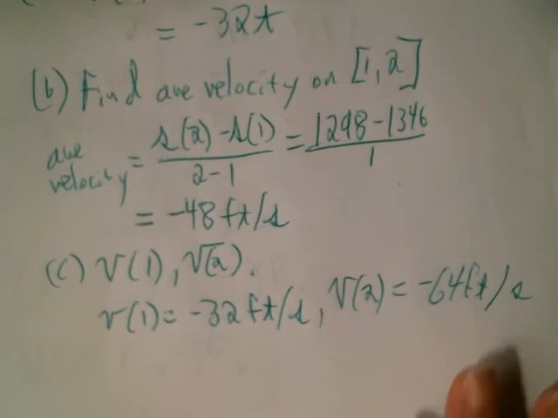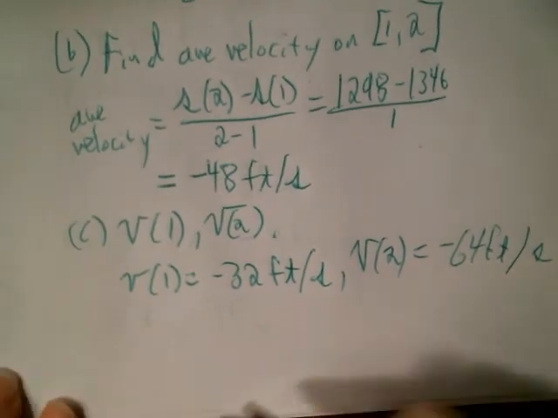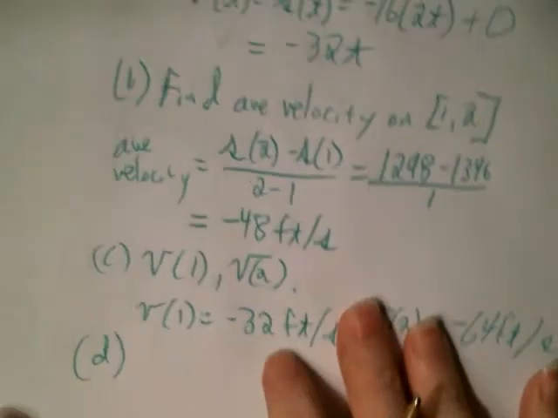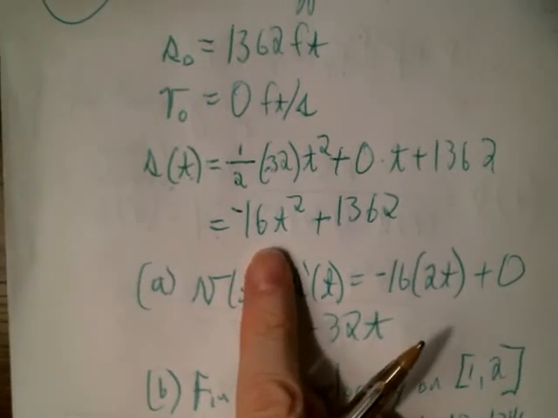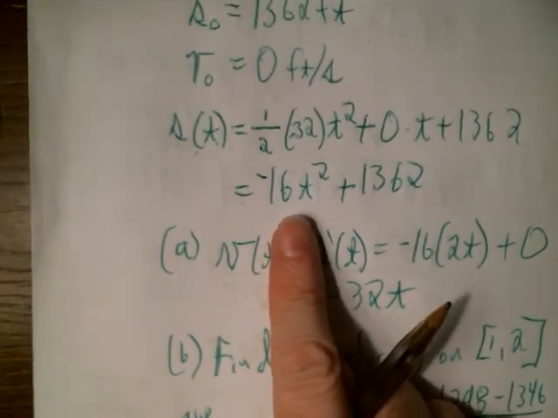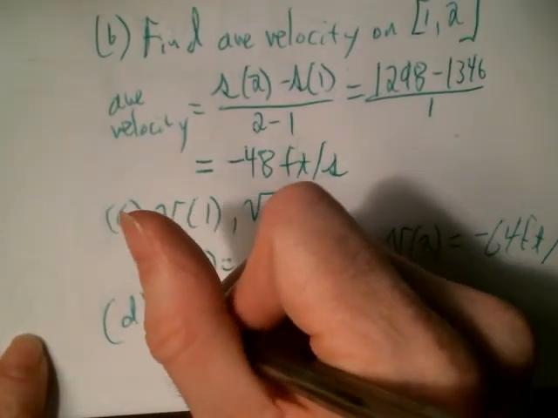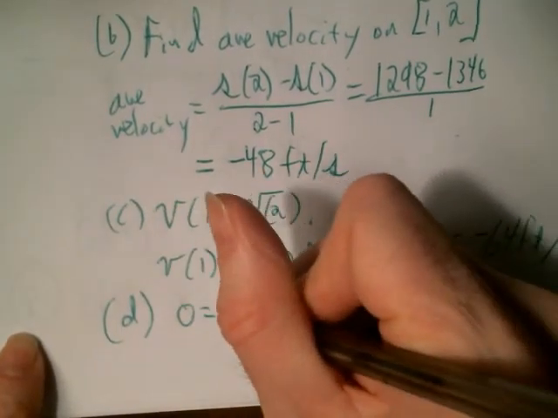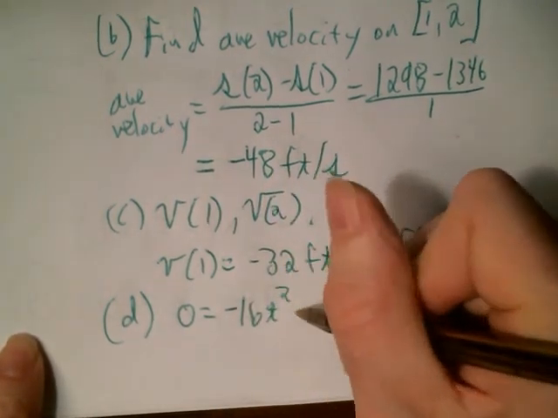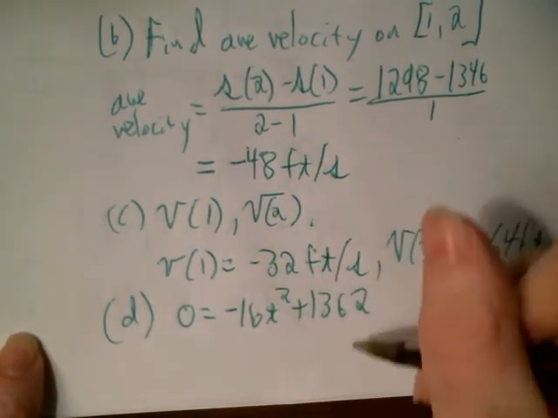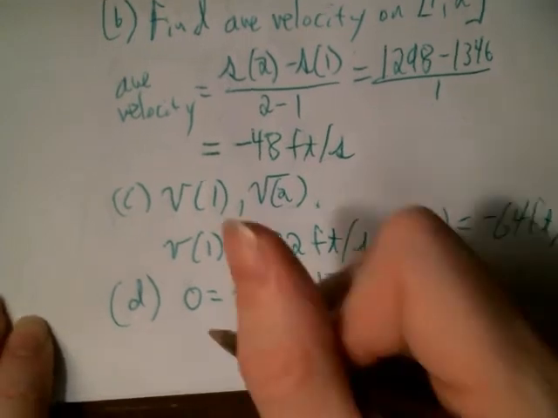What else do they want to know? When does the silver dollar hit the ground? So that's just a matter of asking when the position of the silver dollar is 0. So plug 0 in for s. So 0 equals negative 16t squared plus 1362, and solve for t.